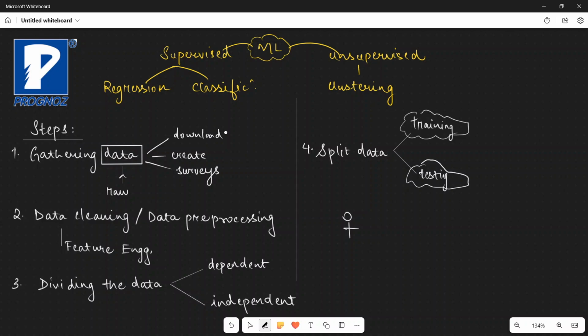Without testing, I will not be able to evaluate the performance of my candidate. And if I don't know the performance of my candidate, I cannot claim how well this candidate has learned a concept or how badly the candidate has learned the concept. So it is mandatory for us to perform both training and testing.